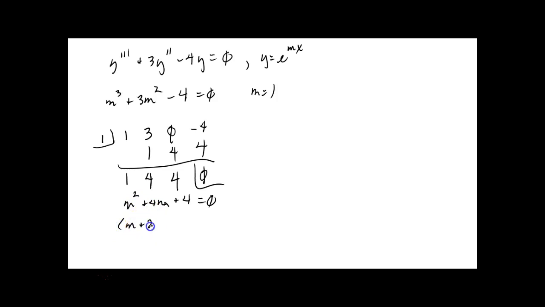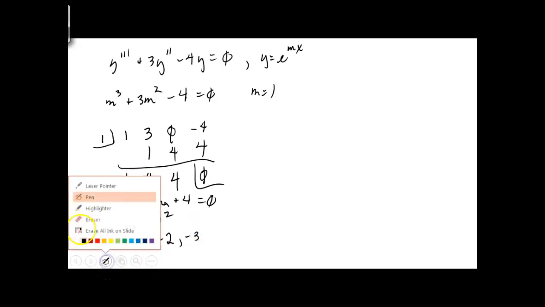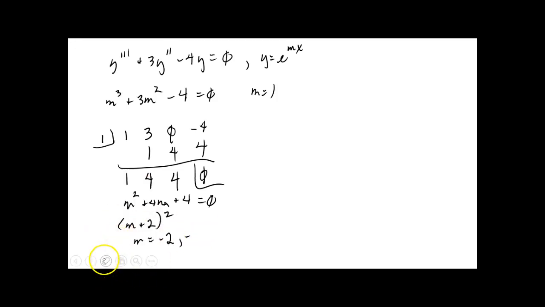M plus 2 squared, right? So what does that tell you? M is equal to negative 2 or negative 2. All right, you got your three, I'm trying to say your 3 roots.